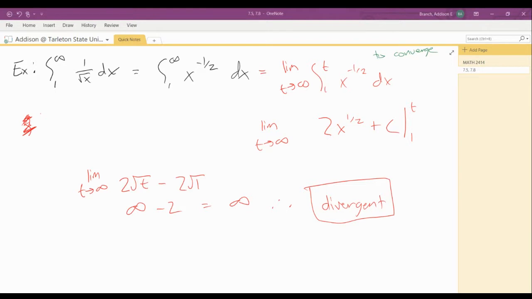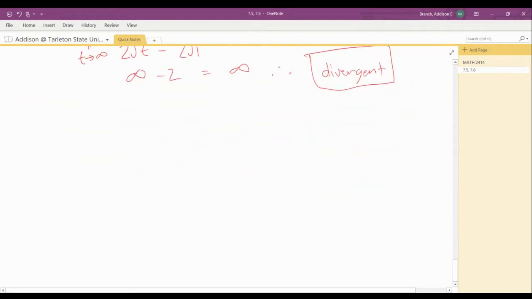Just as a general rule of thumb, and this will also come back later on in the semester when we do series, if you have the form 1 over x to the n and you're going up to infinity, if n is greater than 1, it'll automatically converge.